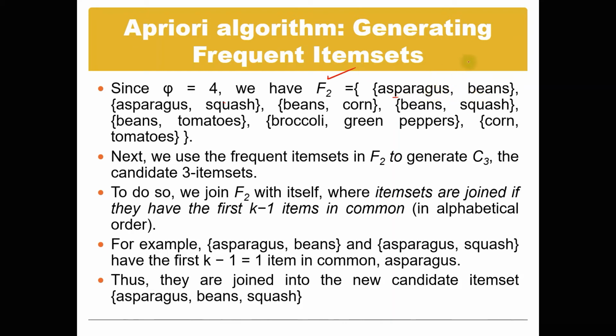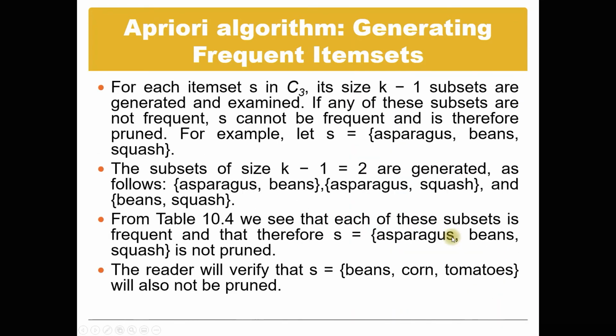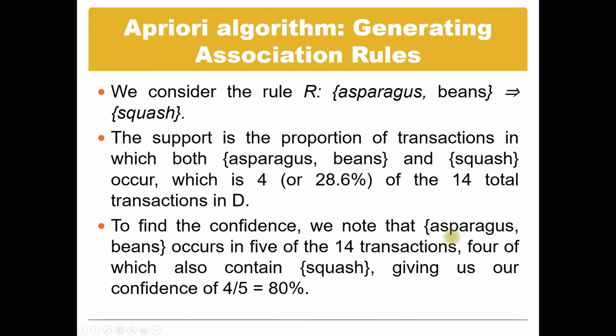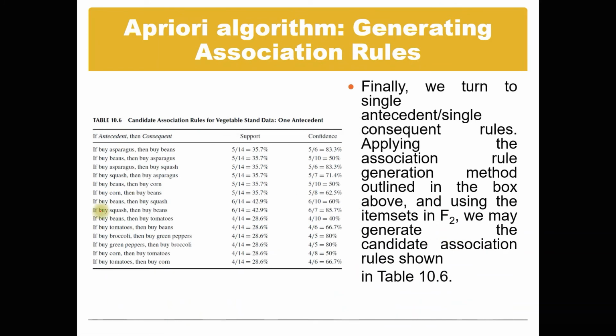All right. We can have a look at the one antecedent rule, by the way. Let me just show you this quickly. Here we go. We have this one antecedent rule. If buy asparagus then buy bean, the support is 35.5%. And all of these rules that were part of the F2, these were part of F2 here. If buy asparagus then buy bean, asparagus, and it goes on like that.